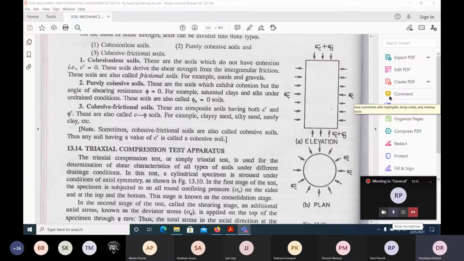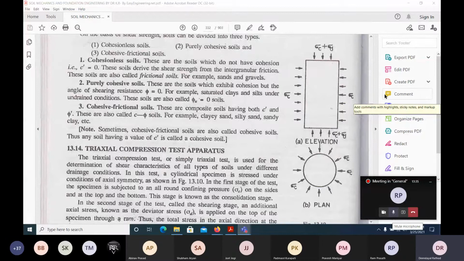What we do is create this condition in the laboratory. We take a soil sample, and it is fully subjected to confining pressure. Confining means that under the ground, if you take a small particle, it is confined by pressure all around.